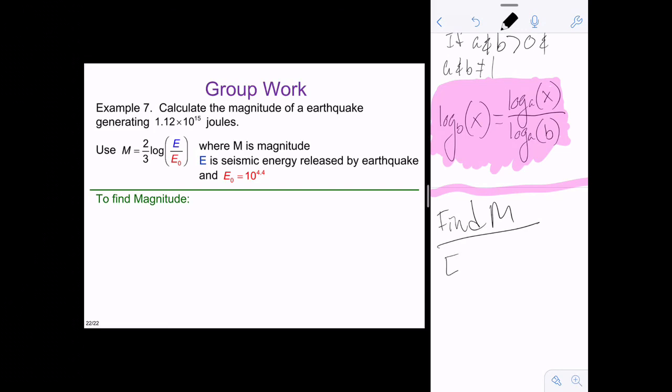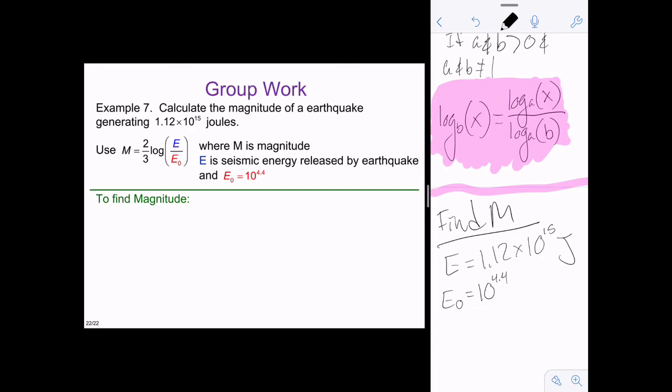Weren't we told that the earthquake released 1.12 times 10 to the 15 joules? I'm going to put a capital J for joules. Don't remember if that's the correct unit notation or not. All right, and we know E naught, it gave us an actual number for E naught. E naught is 10 to the 4.4.